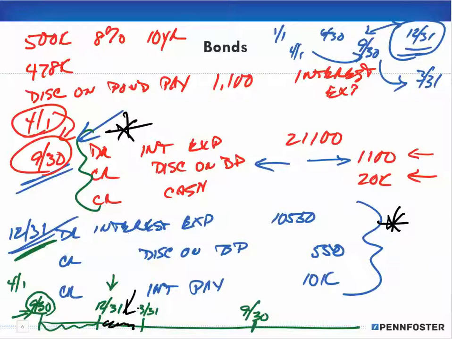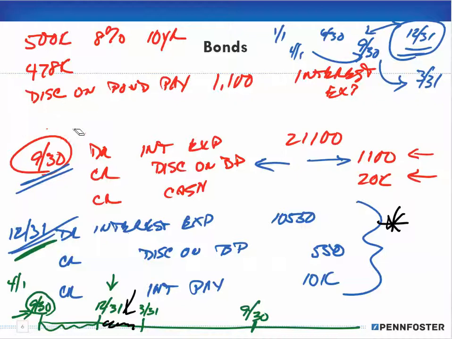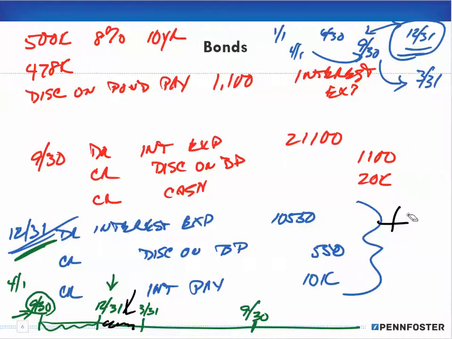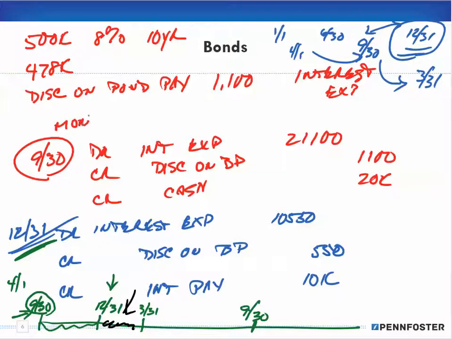If I just paid the interest on 9/30 or 3/31, you're going to be making this entry here, which is correct, but only when we're making this entry for 9/30, because that represents a full 6-month period. But that isn't the case for each and every interest period.